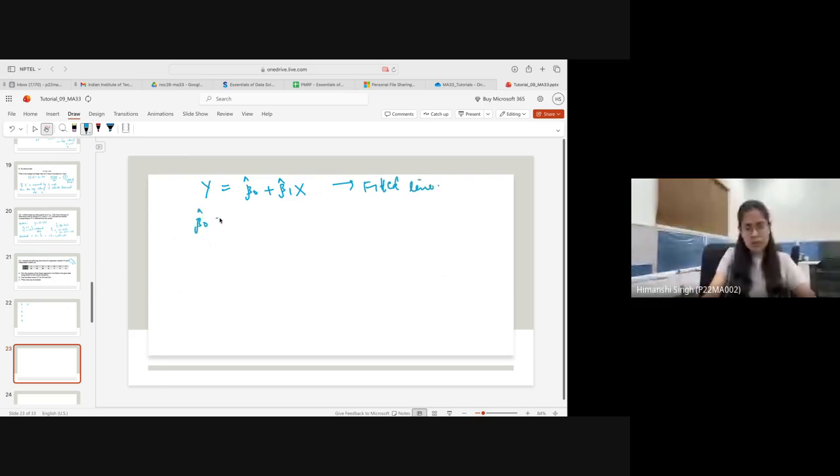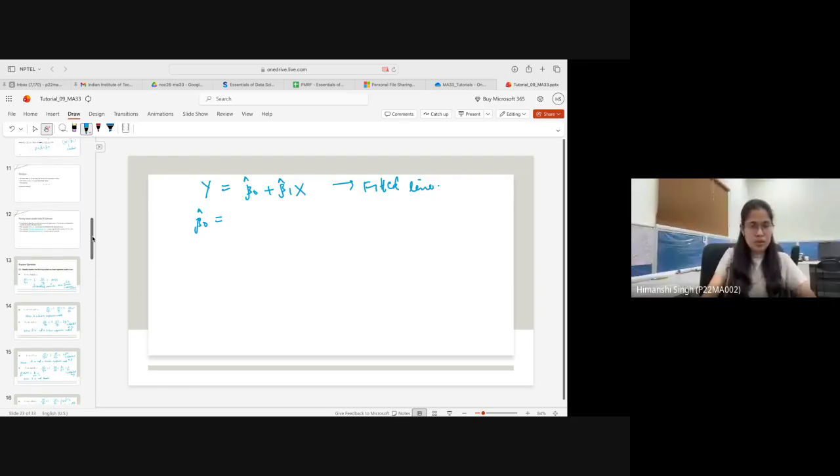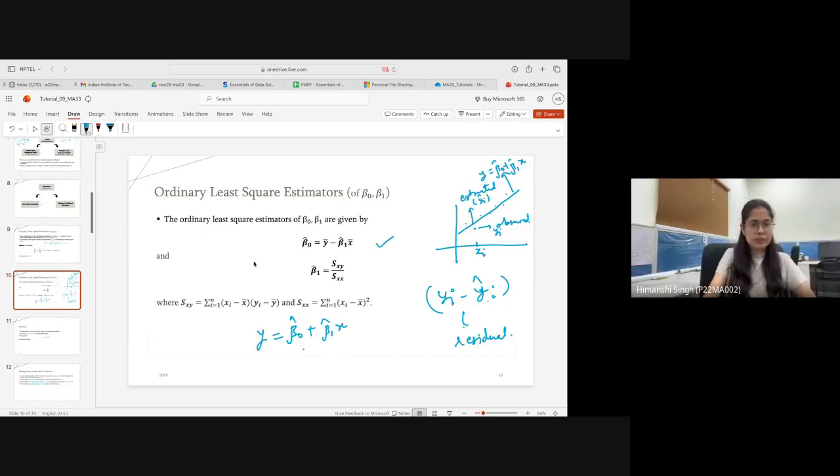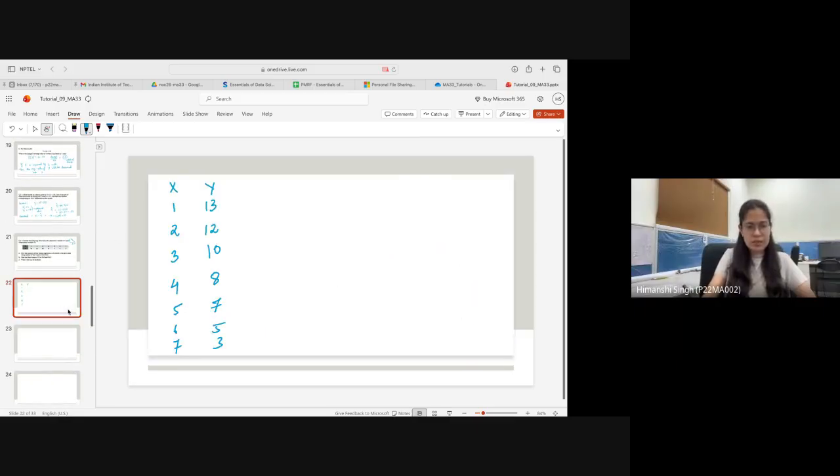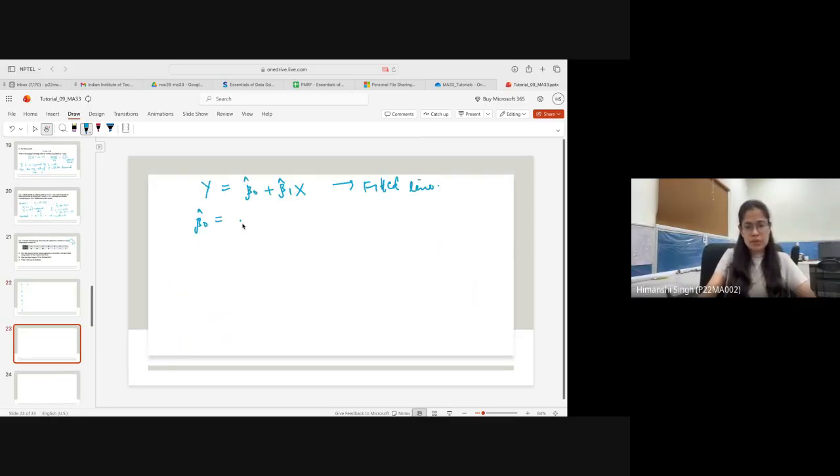From the formulas, what is beta naught hat? It is y bar minus beta 1 hat x bar. And what is beta 1 hat? It is Sxy over Sxx. And what is Sxy?